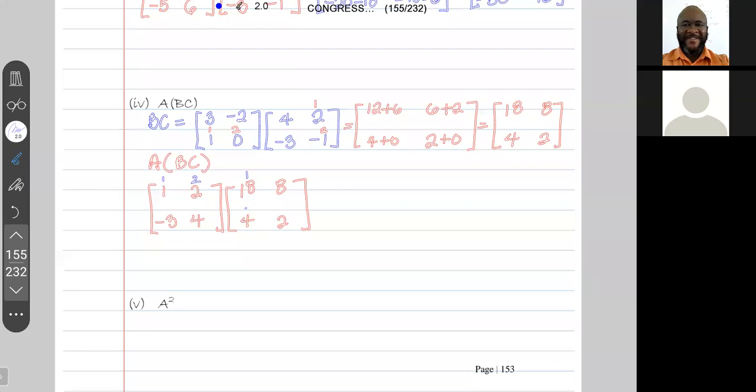First element, second element. 1 times 18 is 18. 2 times 4 is 8. So next, same top row, but right column. First element in the row, 1 times the first element in the column, 8. 1 times 8 is 8. Second element in the row, 2 times the second element in the column, 2. 2 2s are 4.